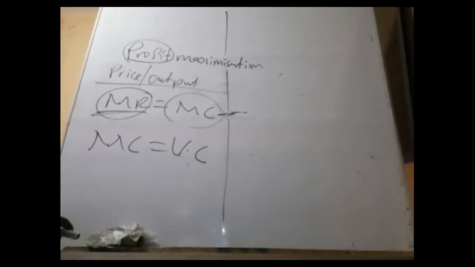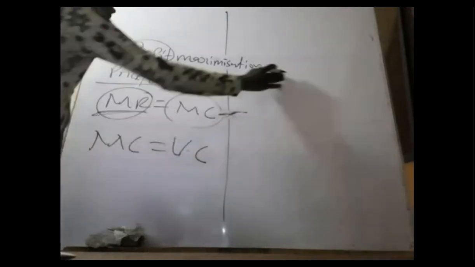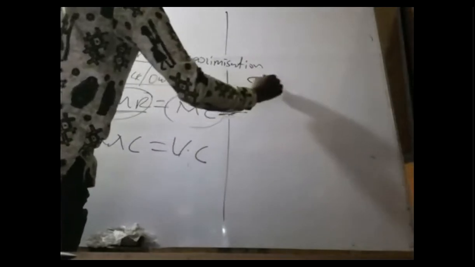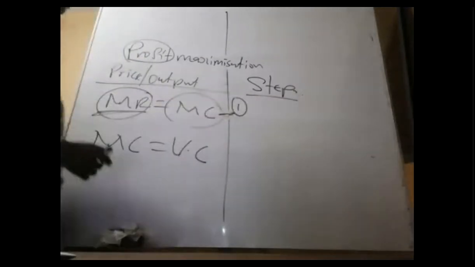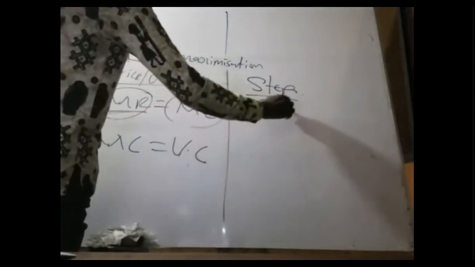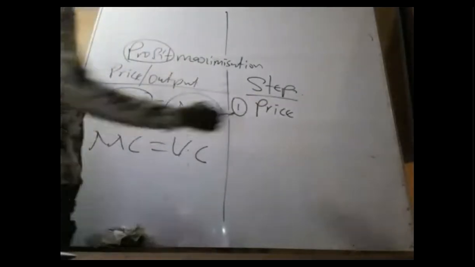That is all. So in short, let's give a few steps to calculate the maximum profit. Steps in determining the maximum profit. Step 1, determine the price function, or the price equation, or the demand equation.